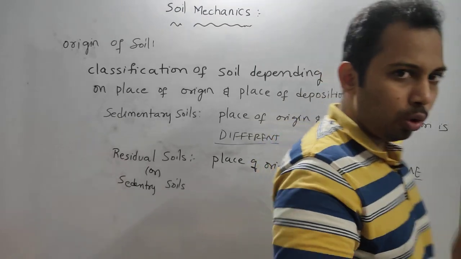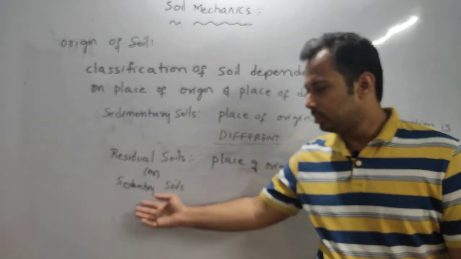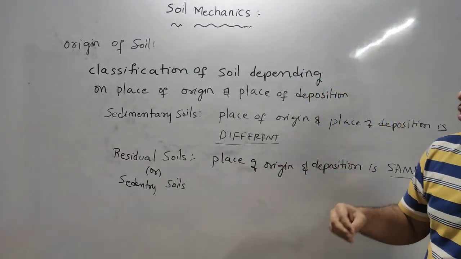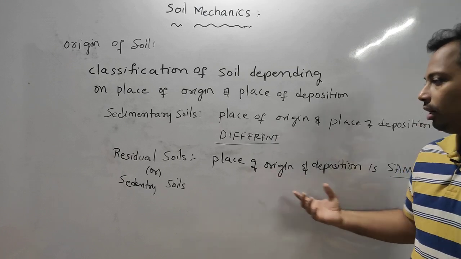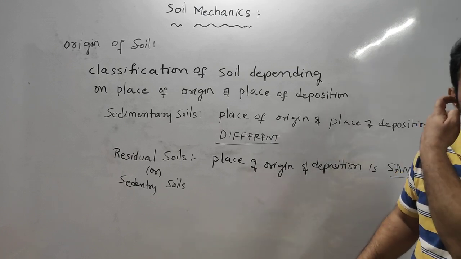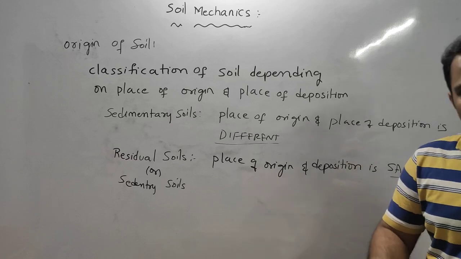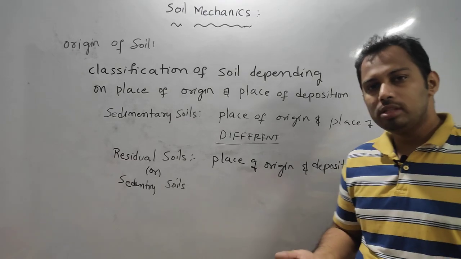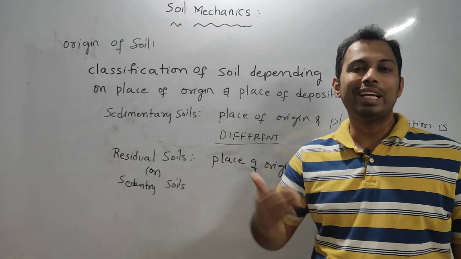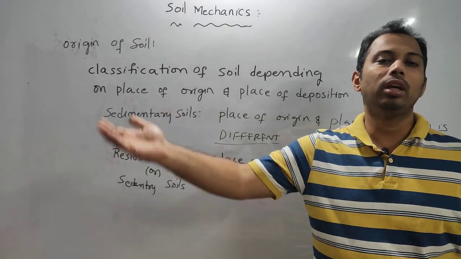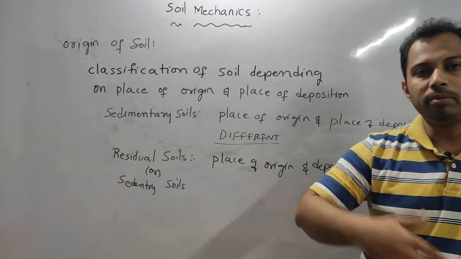So which you don't know, that question they may ask. Generally sedentary is the term which you may not relate with the residue. So that is why sedentary is a term very important for exam. Okay, sedentary means residual soil. Sedimentary means the soil which is transported and deposited at another location apart from the origin.